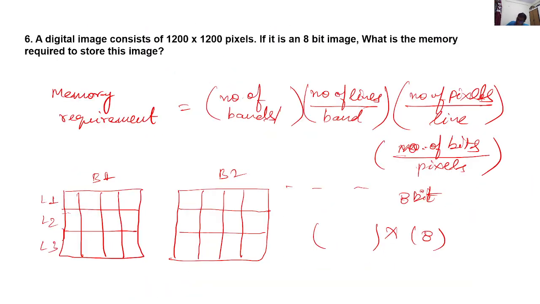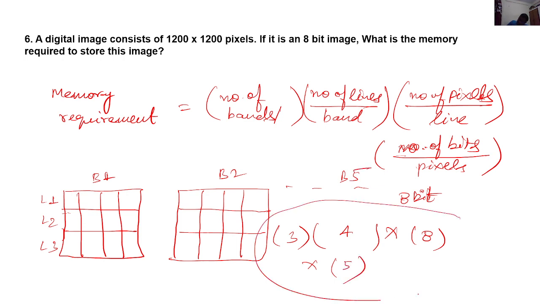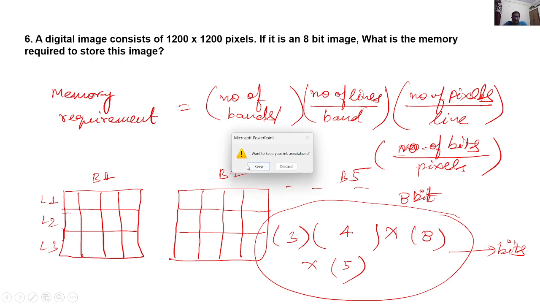So per line there would be 4 pixels. Multiply it by the number of lines per band. So there are, let us say, 3 lines. Multiply it by the number of bands. So let us suppose there are till band number 5. So this is how you will get the total memory in bits. Okay, but let's solve this question first. We would take another slide to do that.